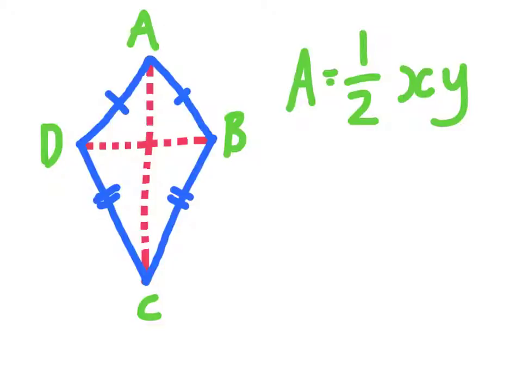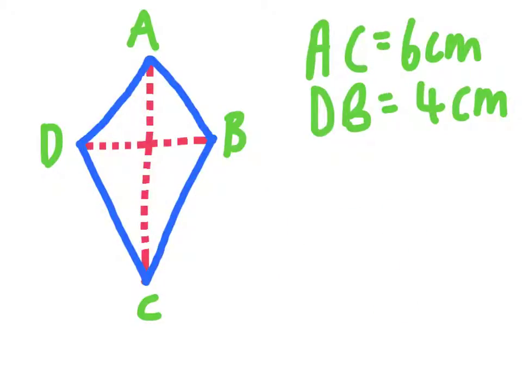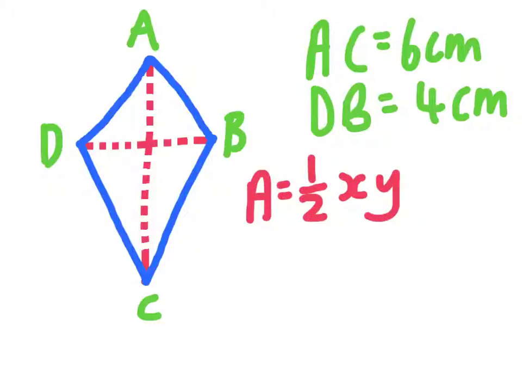So in this case, diagonal AC would be represented by x and diagonal DB would be represented by y. In our example here, we're going to calculate the area of this kite, and the rule is area equals half xy, with x being the diagonal A to C and y being the diagonal D to B.